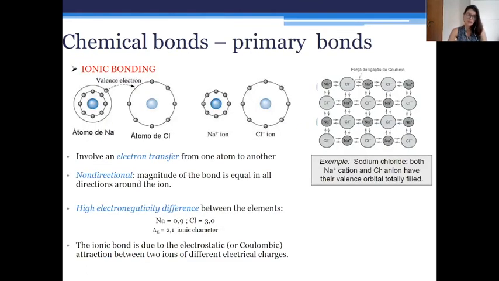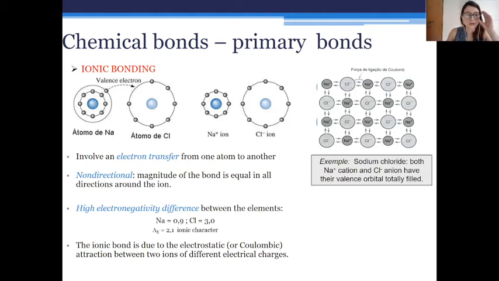Okay, so let's start first with ionic bonding. Ionic bonding involves the transfer of electrons from one atom to another.